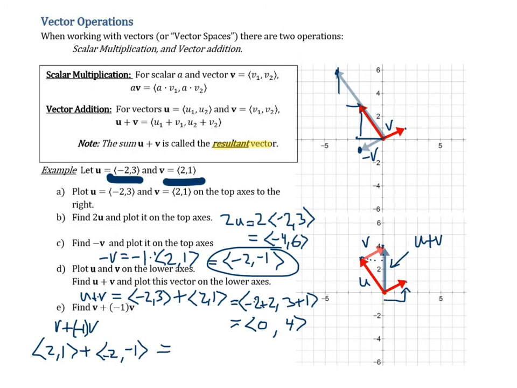And if we add those, 2 plus negative 2 is 0, and 1 plus negative 1 is 0. So we get our 0 vector, which isn't going anywhere. It has no magnitude and no direction. So there's a little introduction to vectors and how we can use them, how we can add them, and how we can use them with multiplying and adding scalars and vectors.